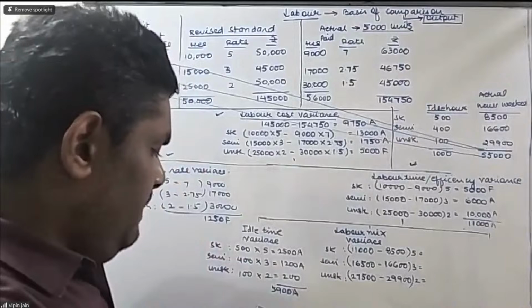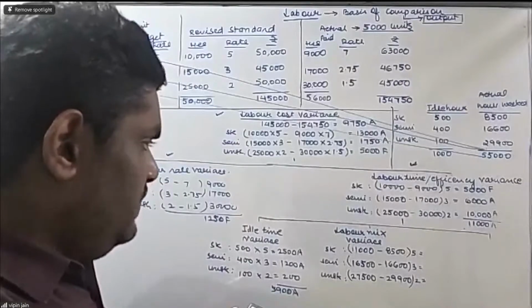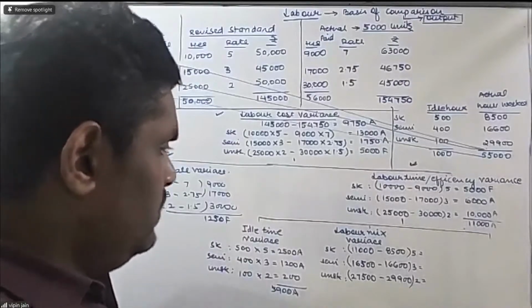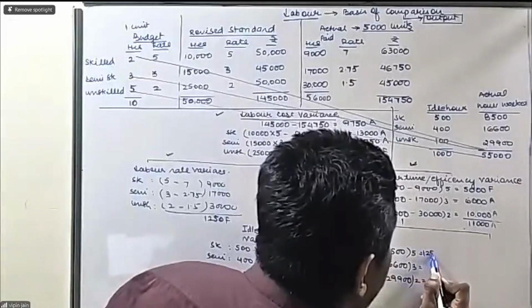So 11,000 minus 8,500 into 5. So this will be 12,500 favorable.